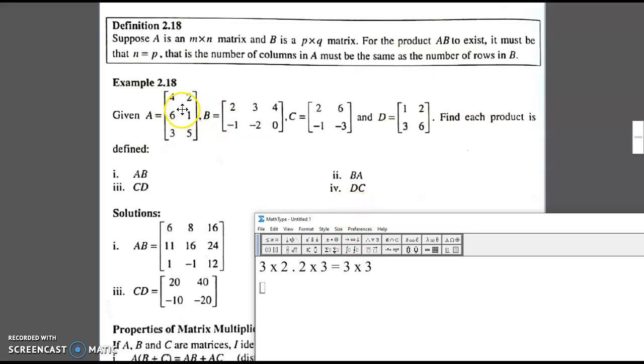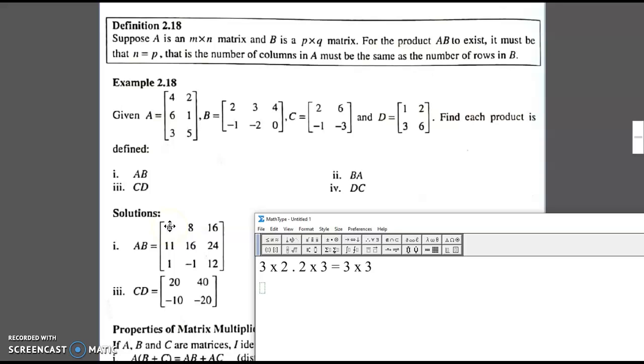Because we know that it can be multiplied, let's try to multiply it. The way to conduct matrix multiplication is to multiply each row with each column, one by one. So first we do 4 times 2 plus 2 times -1, hence you get 6.